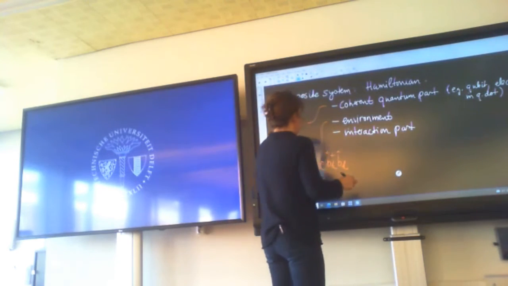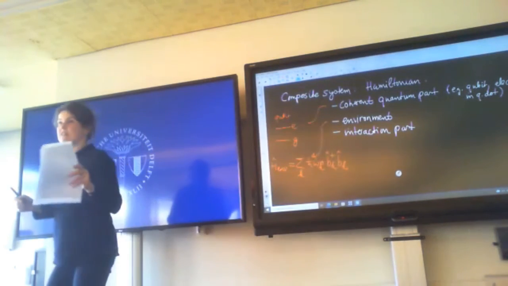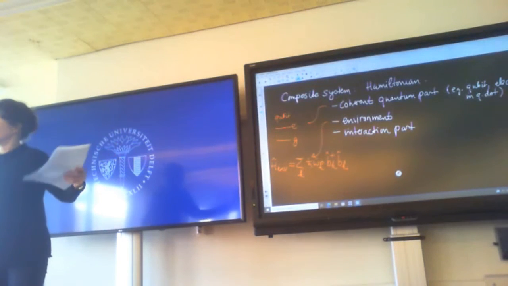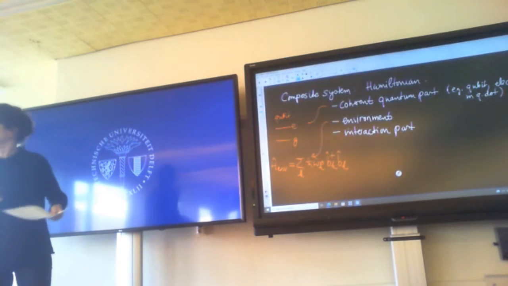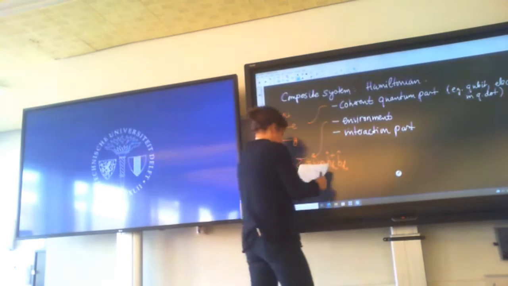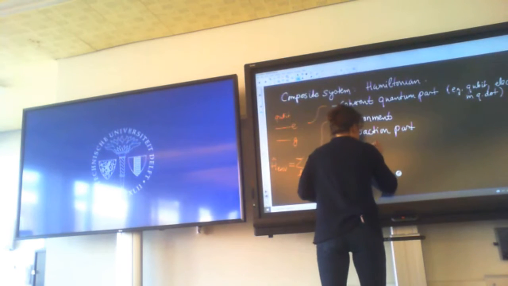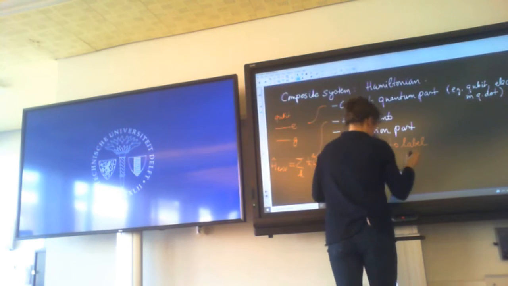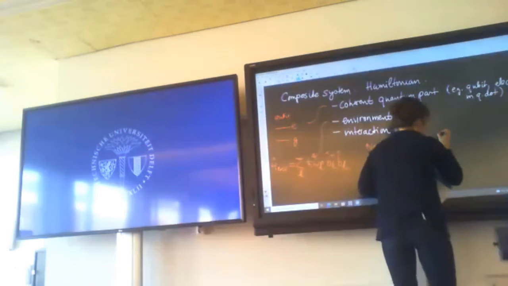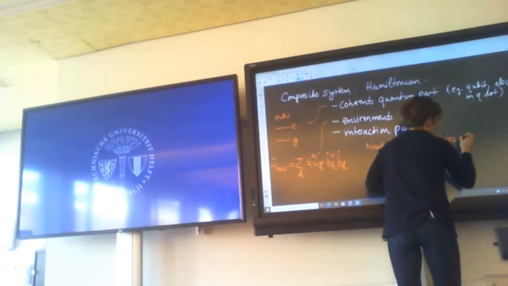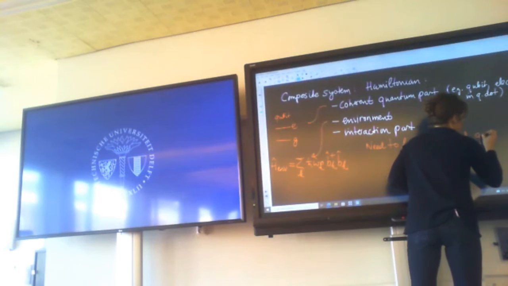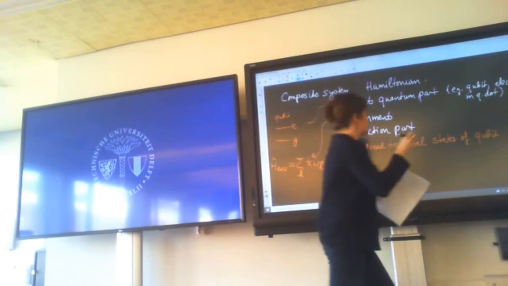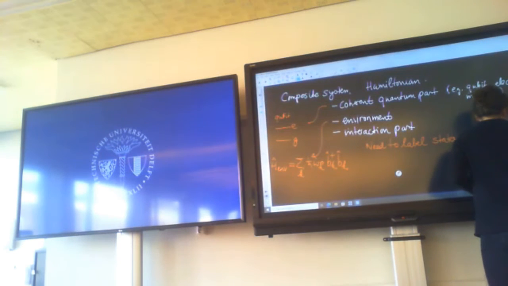Now, how would you write down the basis states for a system like this, with a Hamiltonian that is a lot more complex than the fermions and bosons from the previous page? Well, you need to label in your notation the states of both the qubit, I take a qubit here as an example, could also be something else, but the coherent part, and also the environment.